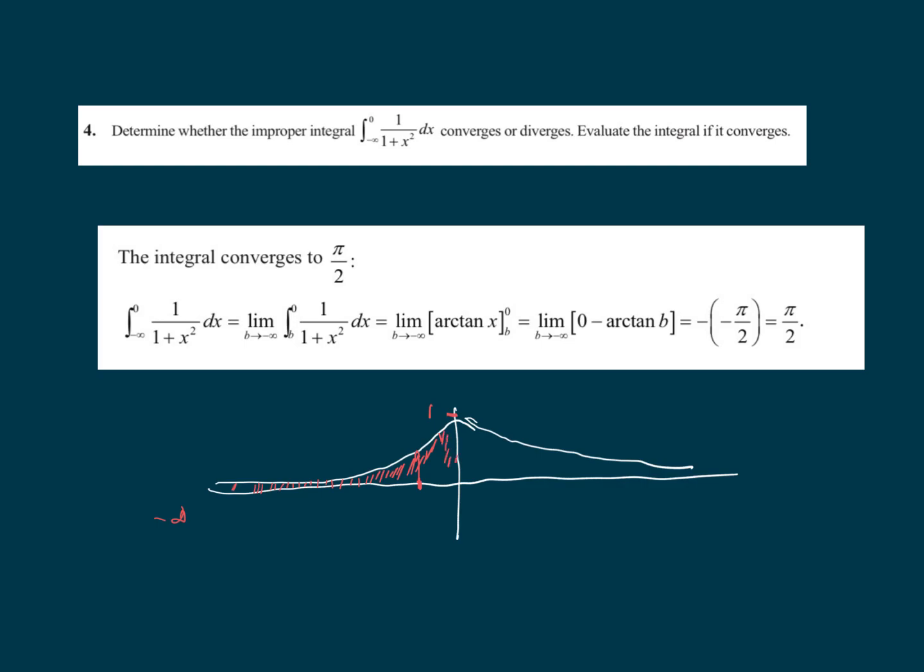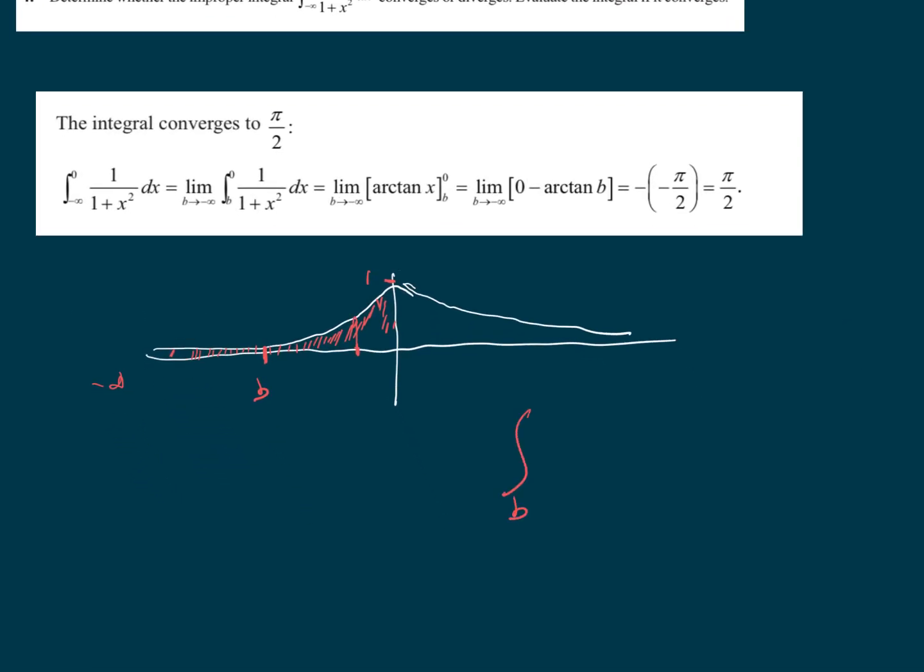What is the problem here? The function is well defined at 0, no problem at 0. The problem is that we don't know if this area converges or diverges. To make it possible to know if this area converges or diverges, we take a point v and make the integral from v to 0 of the function 1 divided by 1 plus x squared dx.